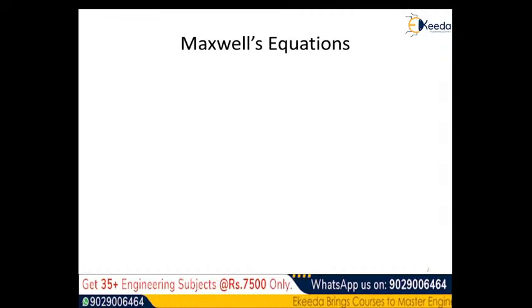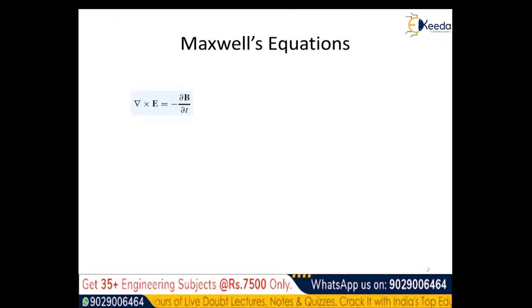For Maxwell's equations we can have different kinds of sets, but the most popular and realistic one is the set for time varying fields. The first equation is del bar cross E bar is equal to minus del B by del t.